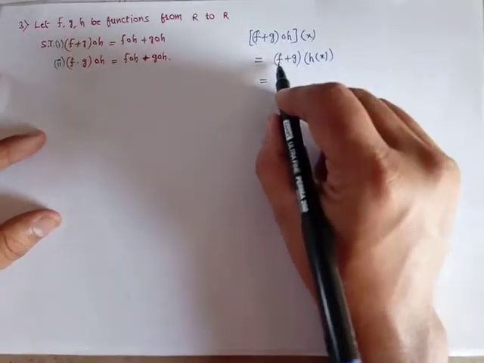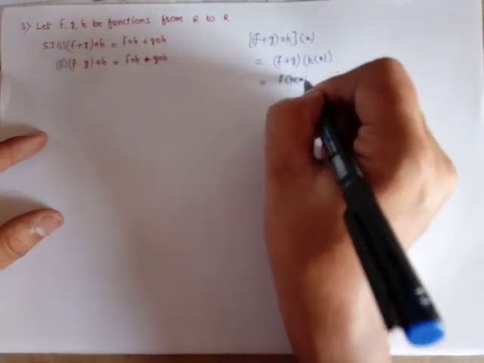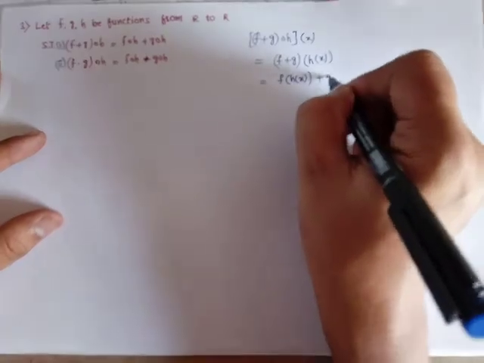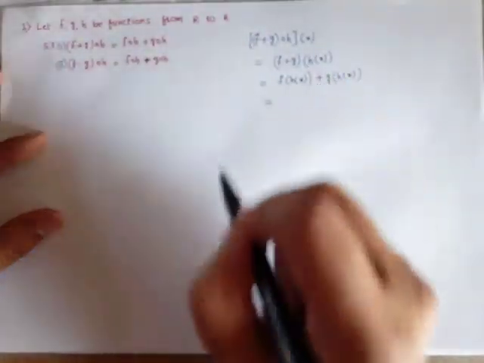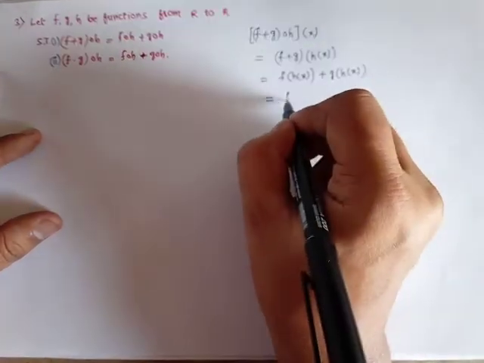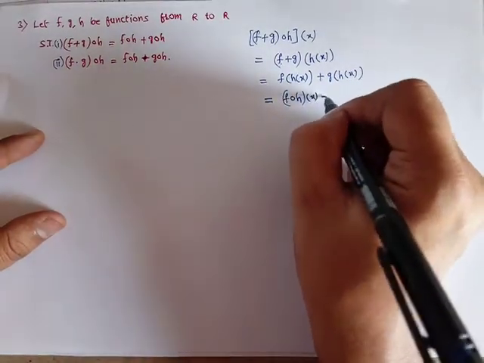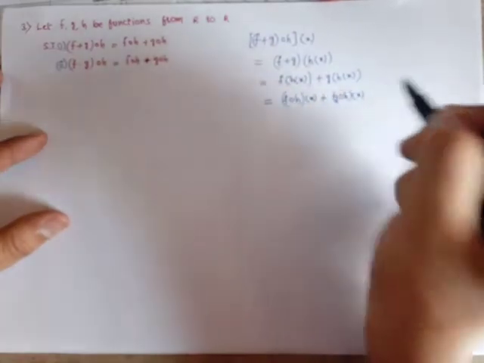Now f of h of x can be written as f circle h of x, and second, g of h of x can be written the same way from the theorem statement. Then we can write it as f circle h of x plus g circle h of x.